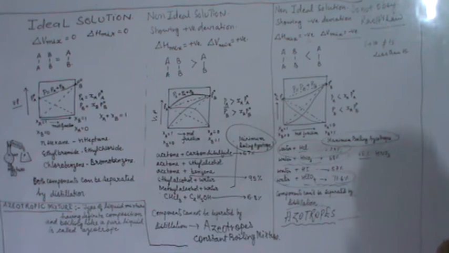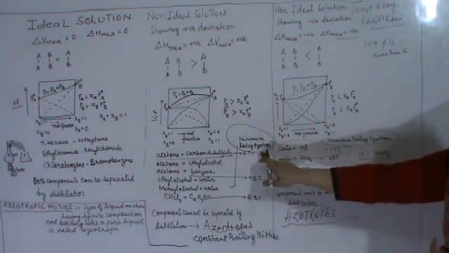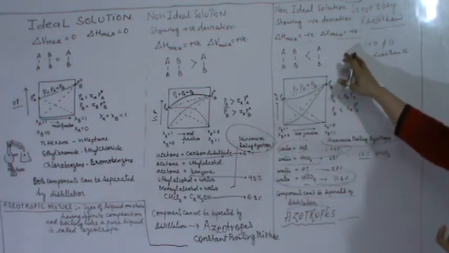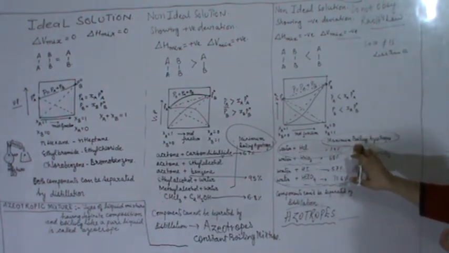So now we come to the point that ideal solutions do not form azeotropes, but non-ideal solutions do. Solutions which show positive deviation form minimum boiling azeotropes, and solutions which show negative deviation form maximum boiling azeotropes.